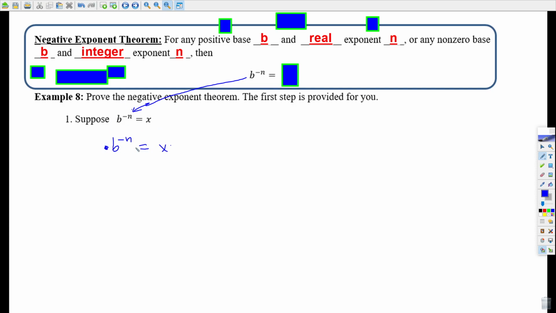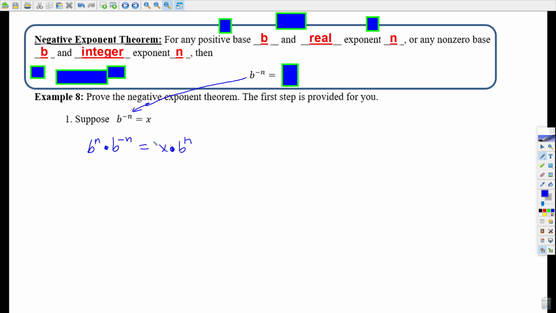I'm going to multiply both sides of the equation by b to the n. And same thing over here, b to the n. Remember, you can really do whatever you want to an equation as long as you do it to both sides of the equation. The only thing you really can't do is divide by 0. That's the only bad thing.